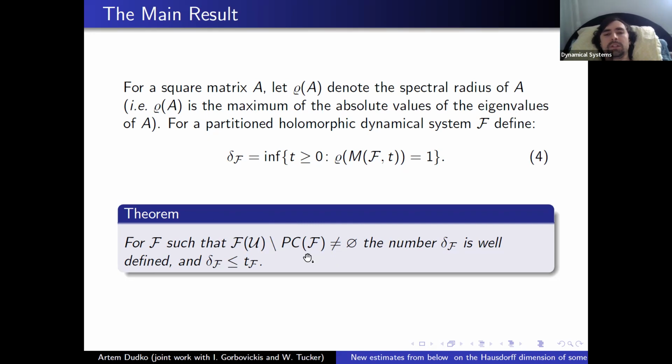It is sufficient to consider non-exceptional points z instead of this condition. But in our generality, for simplicity, we consider this condition.